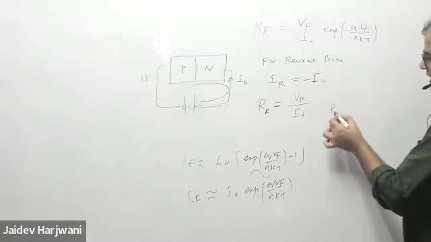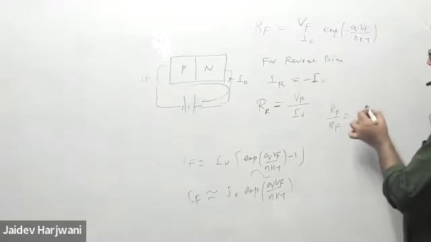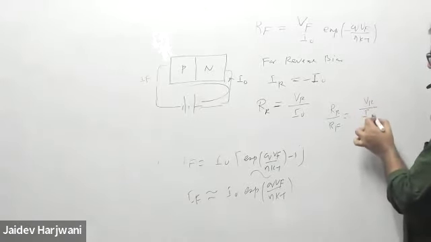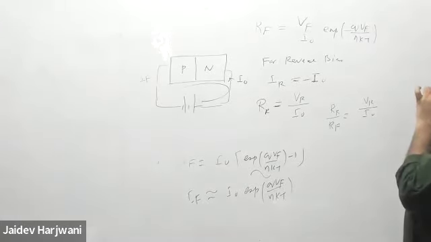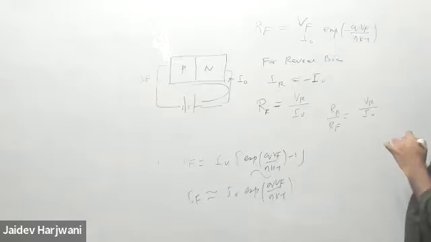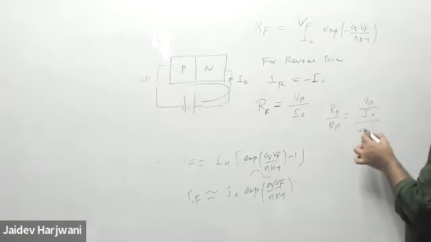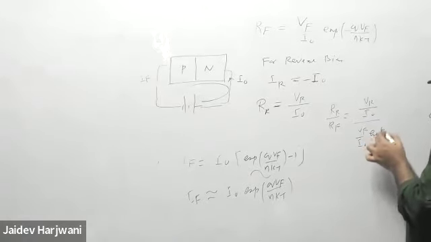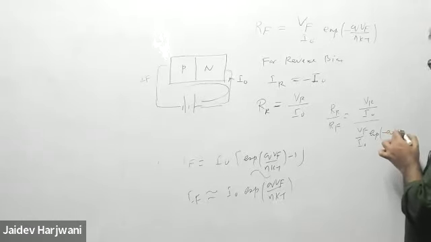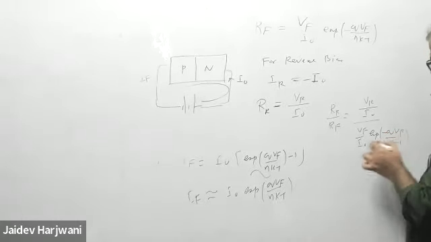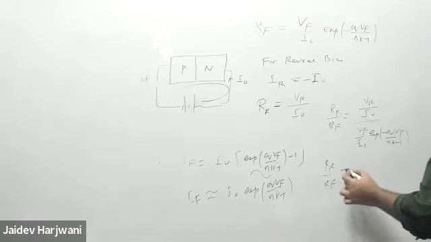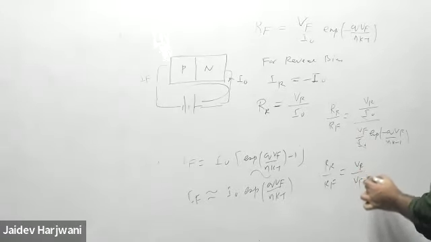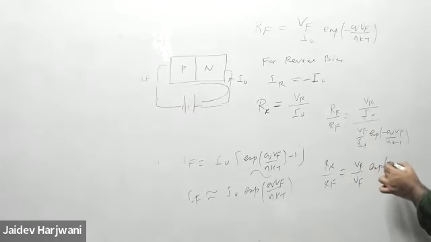Now the ratio of RR to RF will come VR upon I naught, divided by RF, which is VF upon I naught exponential minus QVF upon eta KT. I naught cancels, so RR upon RF will come VR upon VF times exponential QVF upon eta KT.